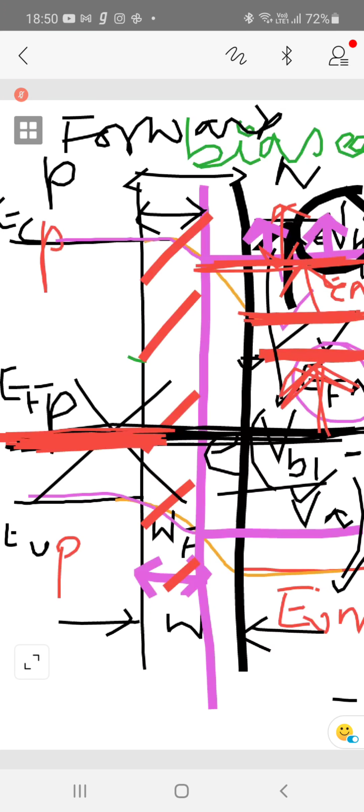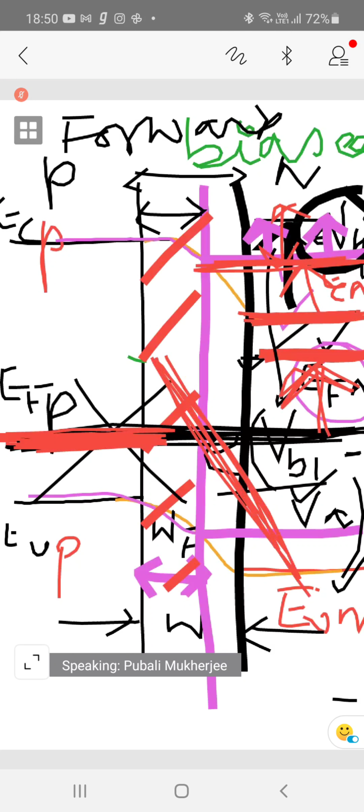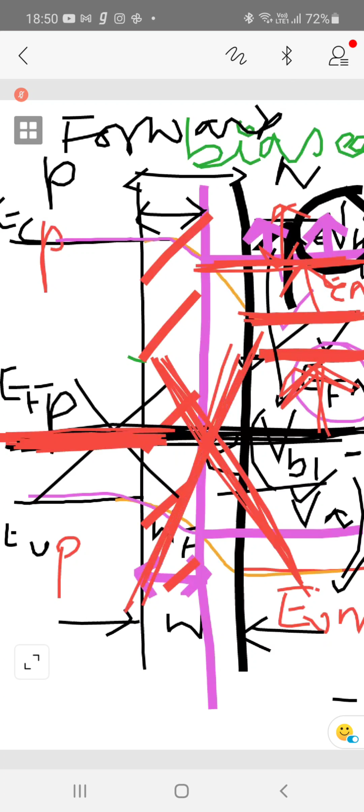So as if there is a split in the extrinsic Fermi level, in order to maintain the distances between the edge of the conduction band and the Fermi energy level, and the edge of the valence band and the Fermi energy level, relative motion of the Fermi energy level takes place from the unbiased condition. Did you get it, Rahul?